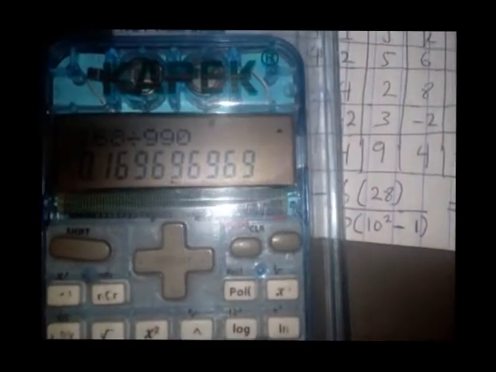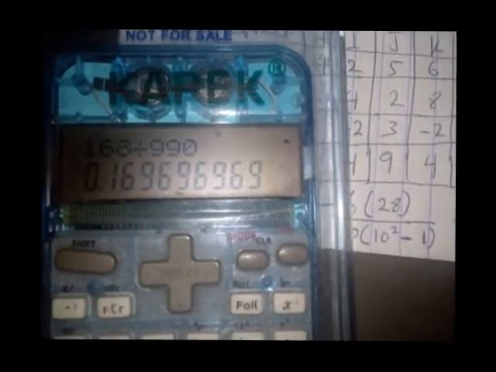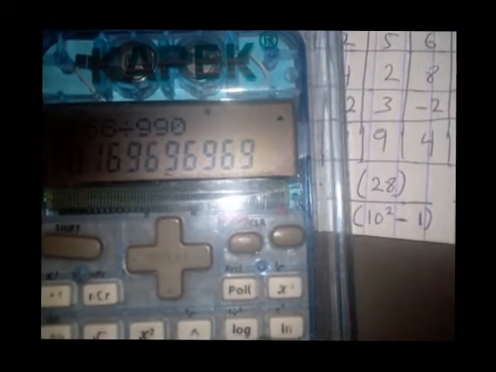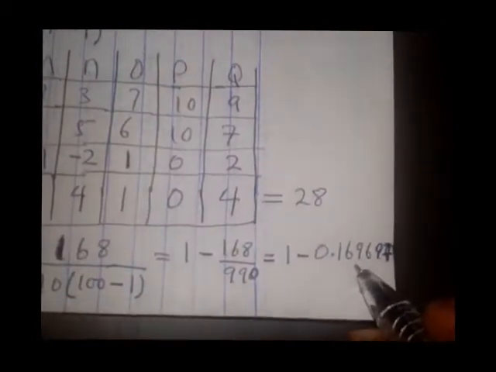Everything still goes to 9696, but I'll shorten it here. So let me say 7, because it still goes on. So let's say 0.169697.